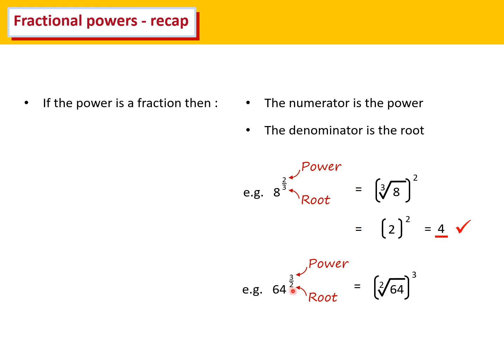Because the denominator, the 2, is the root. And then we're going to raise that to the power of 3 because the numerator is the power. The denominator is the root, the numerator is the power. The square root of 64 is 8, and it's 8 being raised to the power of 3, which is 512.